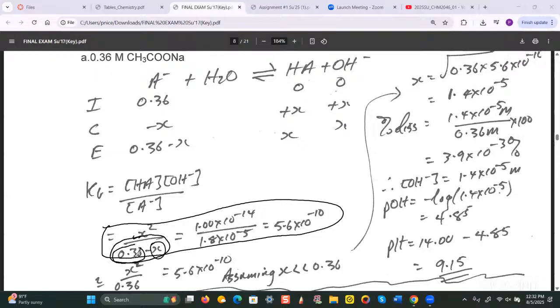So if you have to go through the longer route where the assumption is not valid and you solve for X and get 2 values of X which are both positive, then you have to look at what X is subtracted from. If X is greater than 0.36, then you cannot use that value of X. You have to use the other value of X where X is lower than 0.36, or whatever this number is, because this must be positive. It cannot be negative. All right?